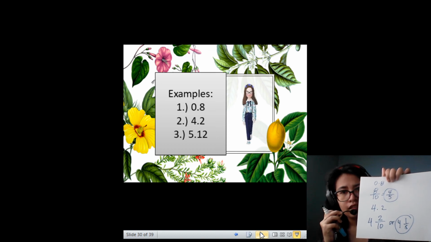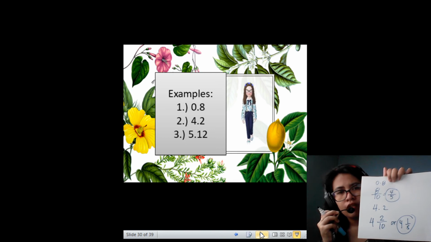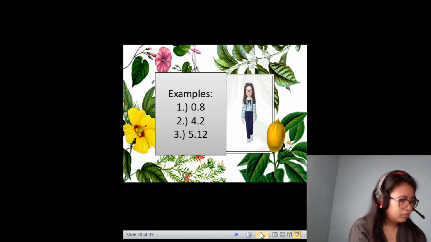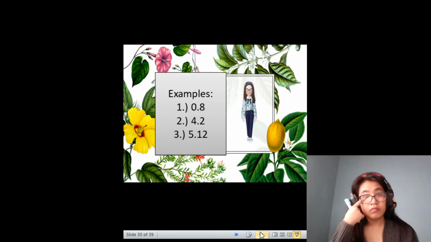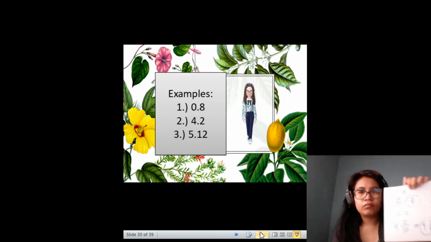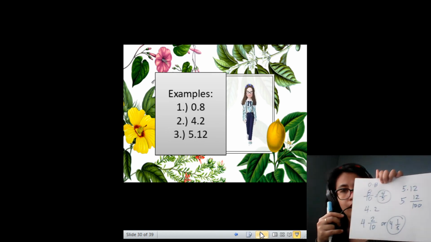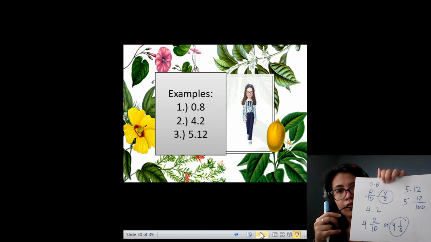Okay, next, let us have the last example, 5.12. For 5.12, you will have 5 and 12 over 100.